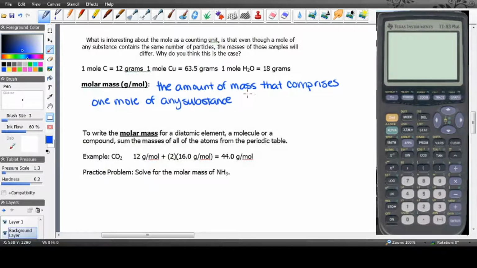And this mass is measured, of course, in grams. So our unit is grams per 1 mole. How many grams? It's going to be some number of grams per 1 mole of something.